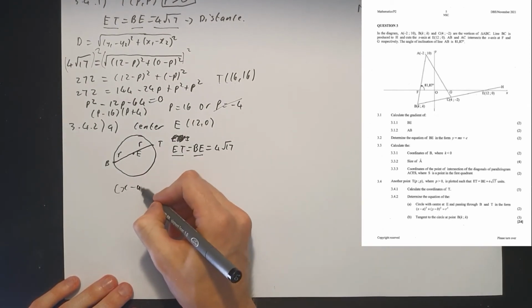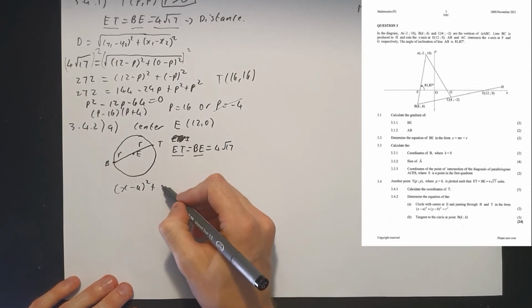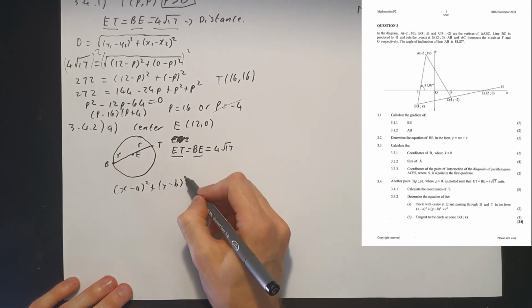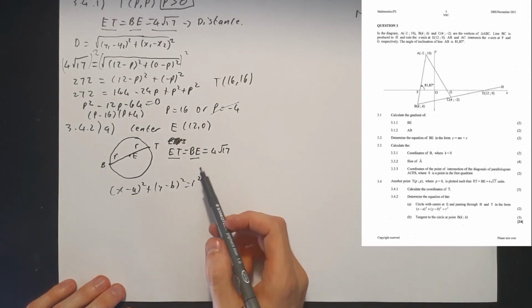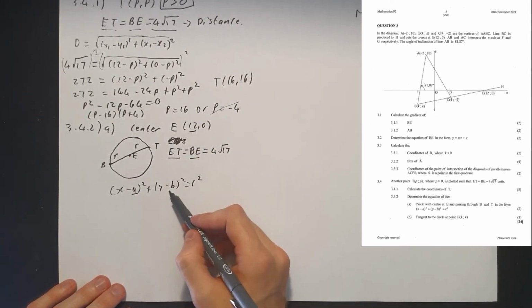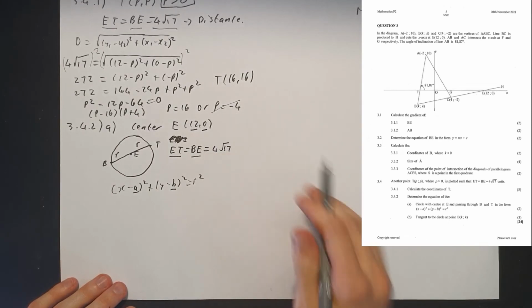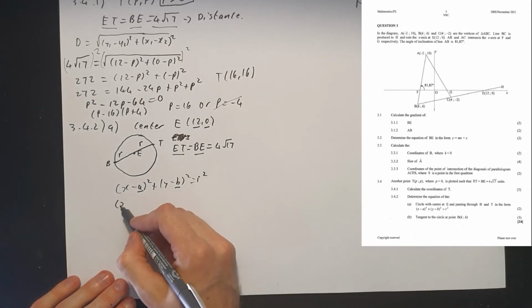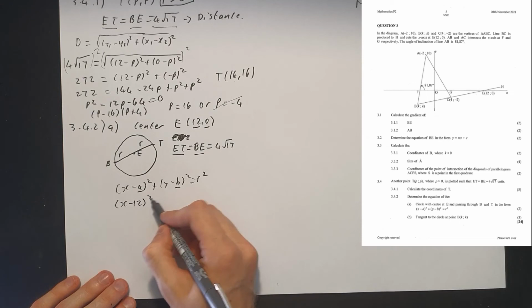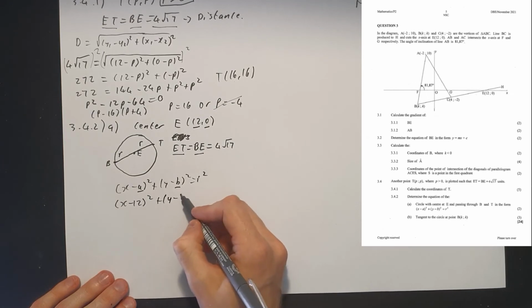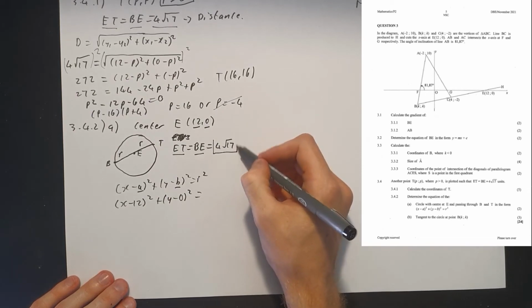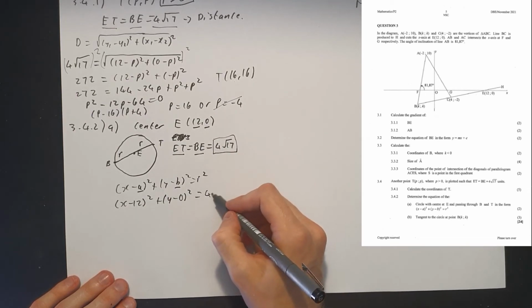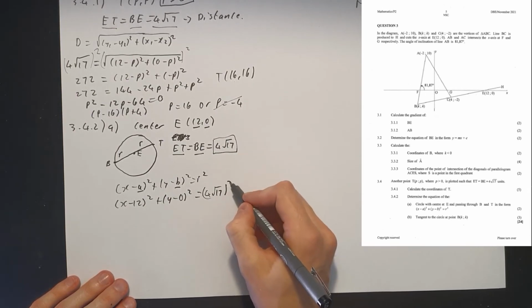So we have x minus a squared plus y minus b squared equals r squared. Now a represents the x coordinate of the center of the circle, and b represents the y coordinate of the center of the circle. So we're just going to have x minus 12 squared plus y minus 0 squared equals the distance of our radius, which is 4 root 17 squared.